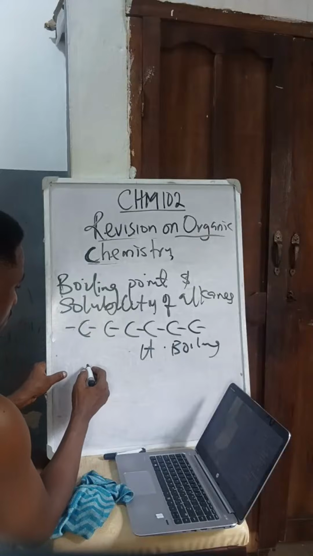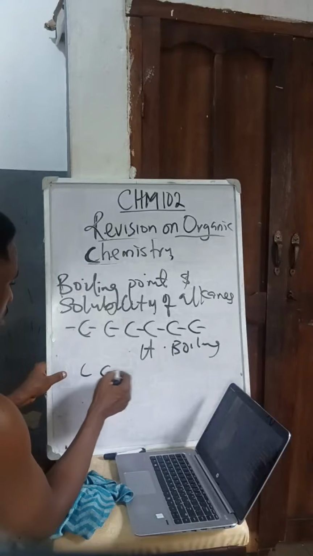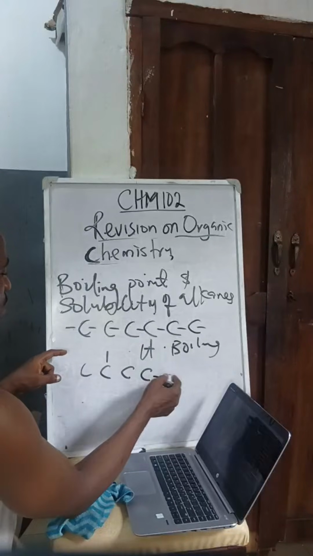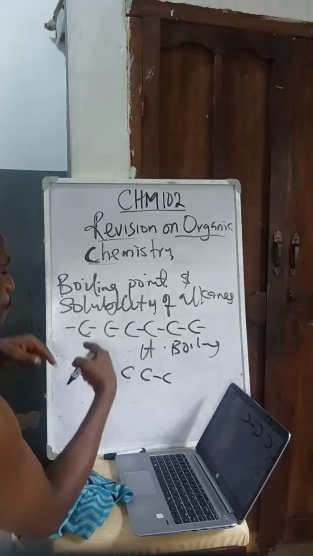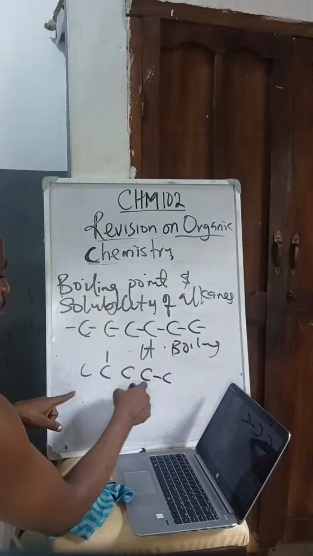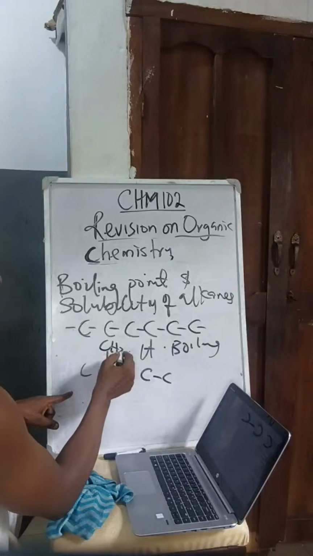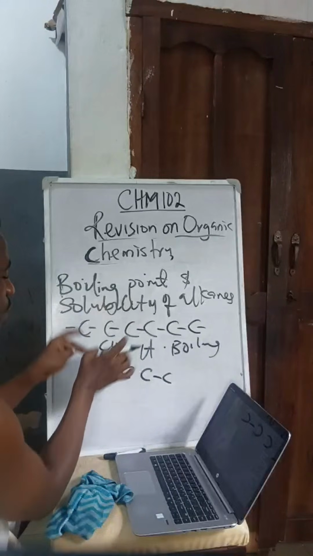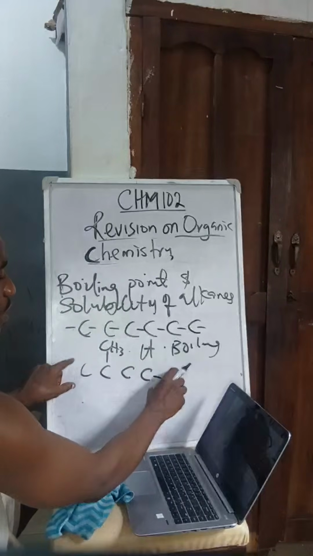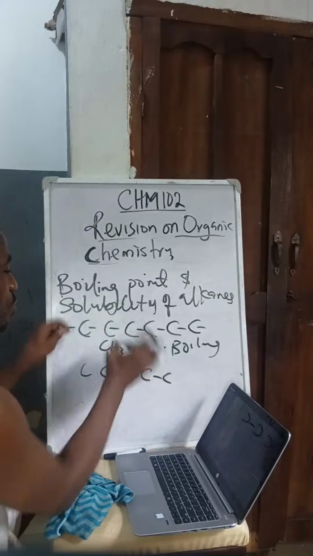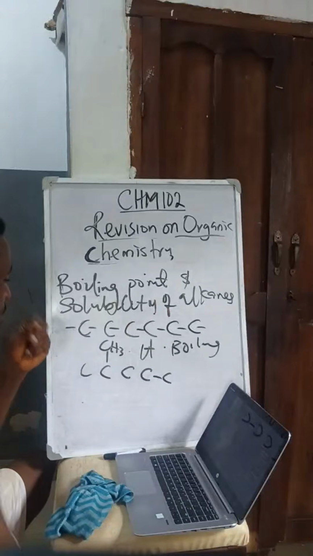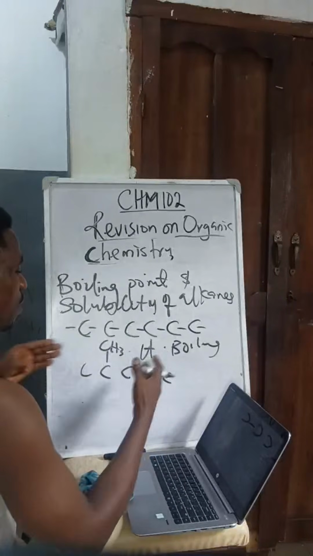Now, if we have C, C, C, and you branch it, the moment you branch it, you go back. You see 1, 2, 3, 4, 5, 6, but if you count now, 1, 2, 3, 4, 5. You have already branched it, taking this away as a substituent, and this is now the parent carbon. So this reduces the long chain.